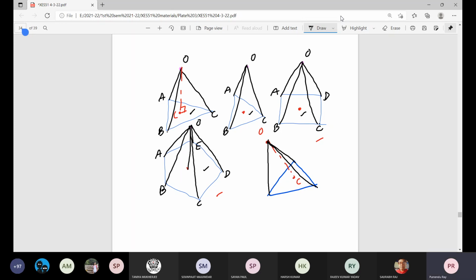C is the base center; forget about the name. So for this object, the line connecting the base center and this vertex of the object is not perpendicular to the base. So this is oblique.